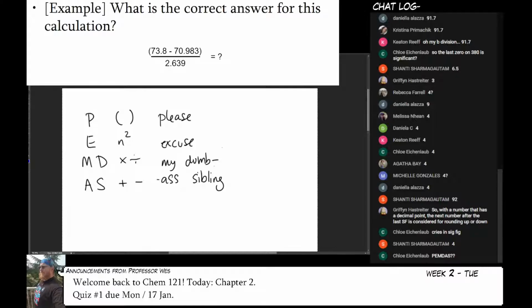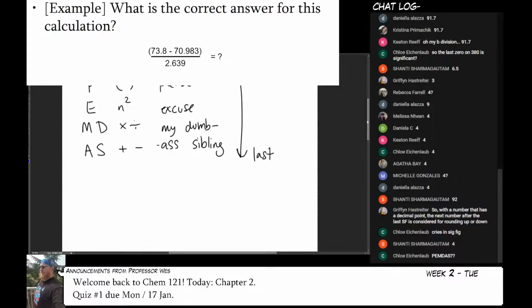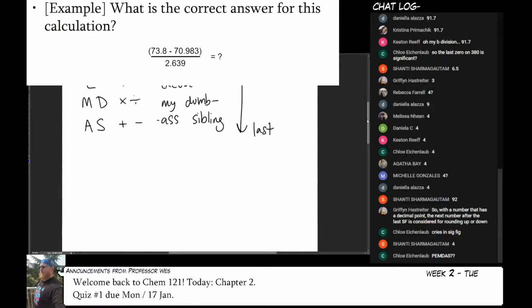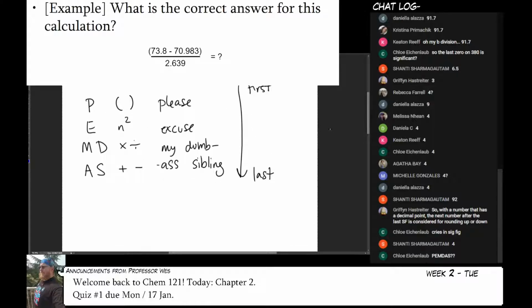This is the order of operations. So we start at the top and we work downward. We do these first, and then we do these last. So, let's do the order of operations on this problem. Up at the top, you'll see that there are parentheses. I should leave this on the screen because we're going to need it.